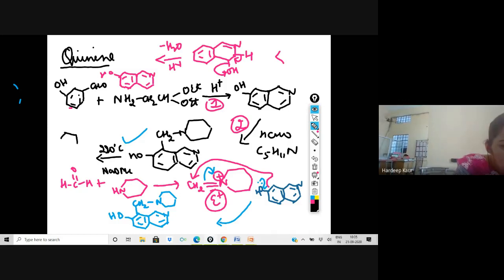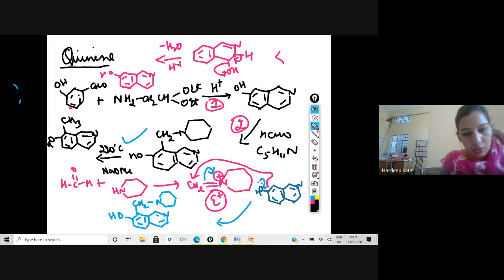The product is this. So this is formed. Deamination takes place and we will get here methyl group. Okay. So this is the third step of the reaction. Then after this, we carry out the reduction with hydrogen platinum.